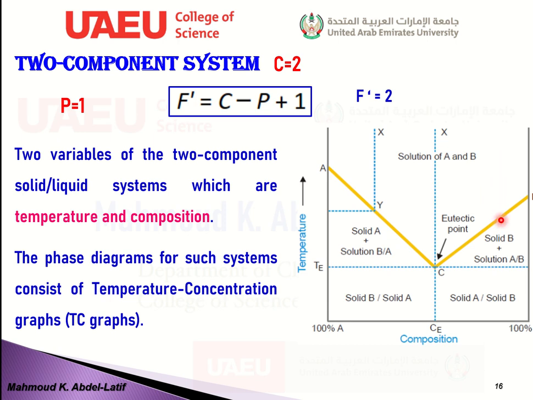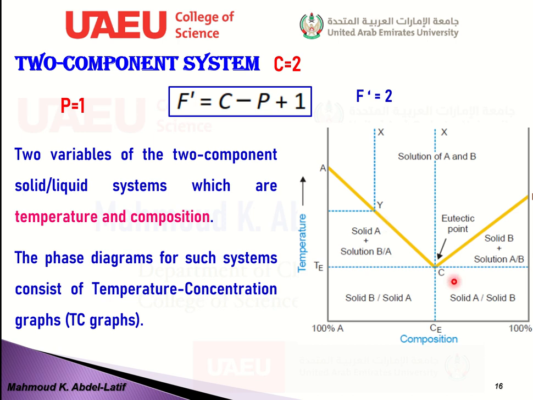Once you cool it down, you end up with solid B plus a solution of A and B in equilibrium with each other. Here you have equilibrium between that solution and solid B. Here you have equilibrium between solid A and a solution of B and A.